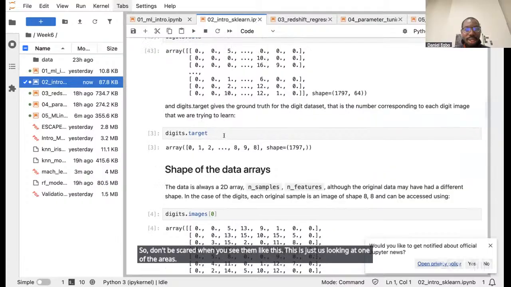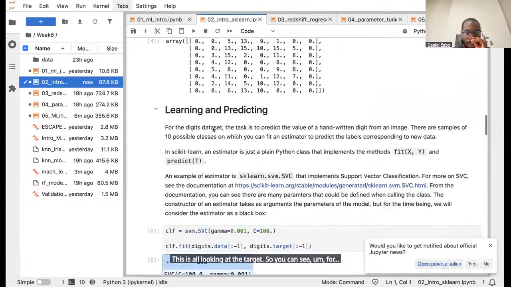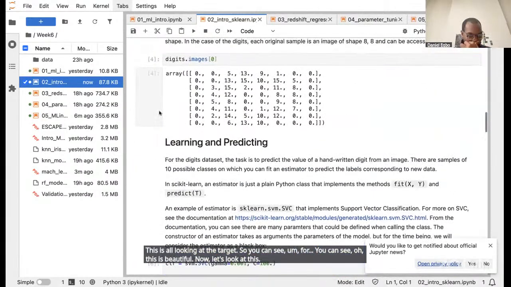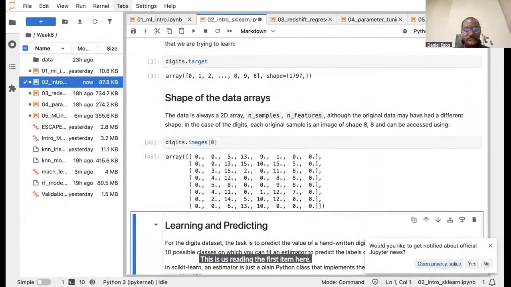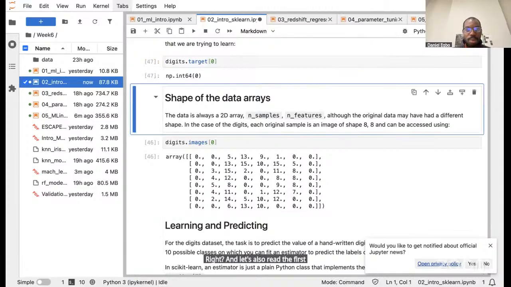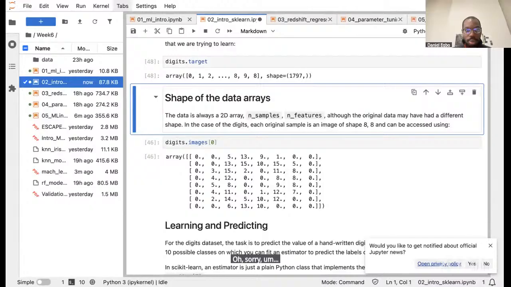This is us looking at the target. Oh, this is beautiful. Now let's look at this. This is us reading the first item here, right? And let's also read the first label, the true label. Yeah, so this is us reading the first label.